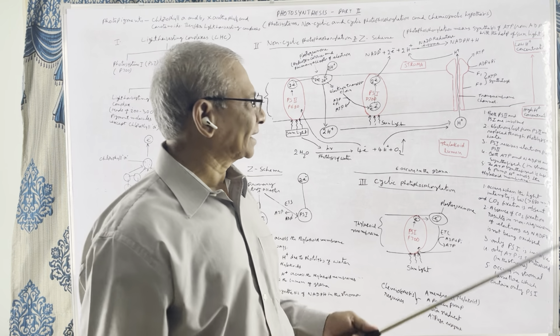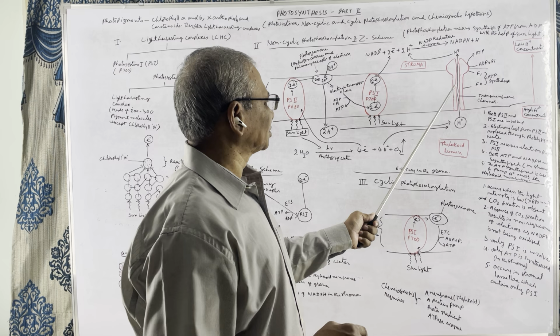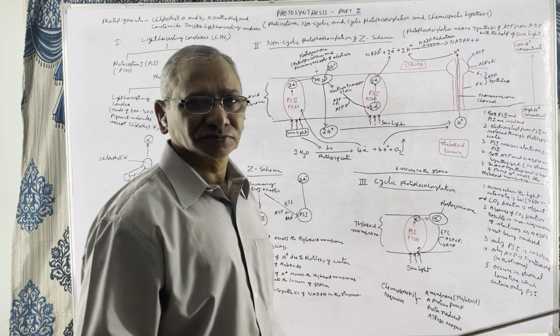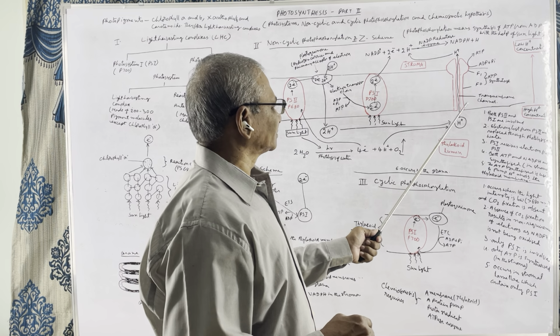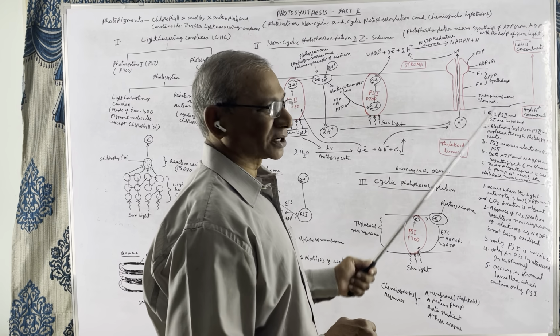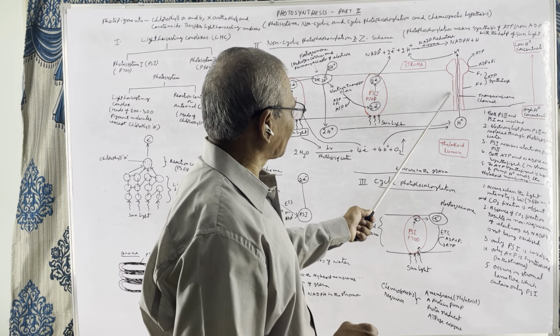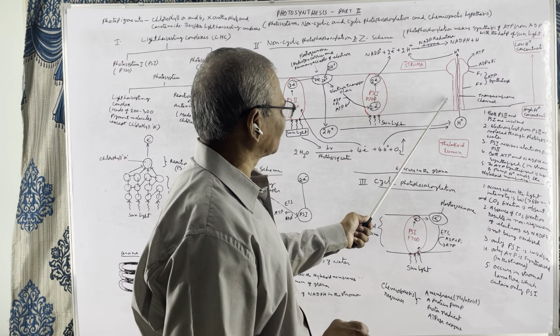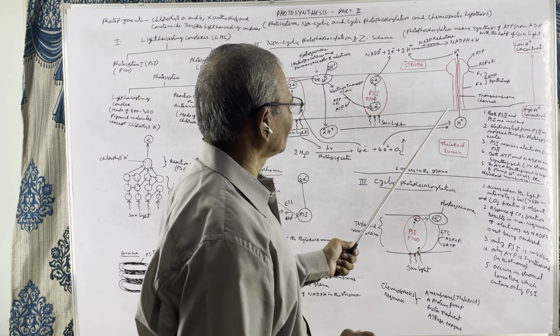That enzyme is known as ATP synthetase. This enzyme is also present in the thylakoid membrane. ATP synthetase has 2 parts, or 2 particles, the F0 particle and the F1 particle. The F0 particle forms the transmembrane channel across the membrane.